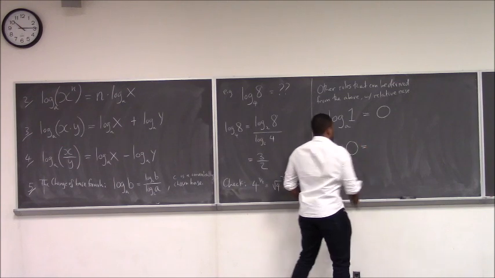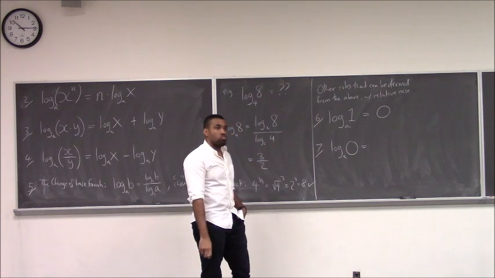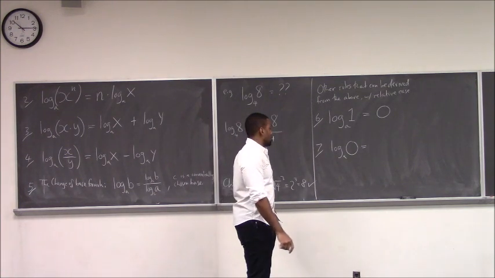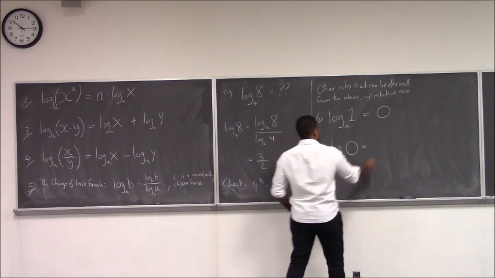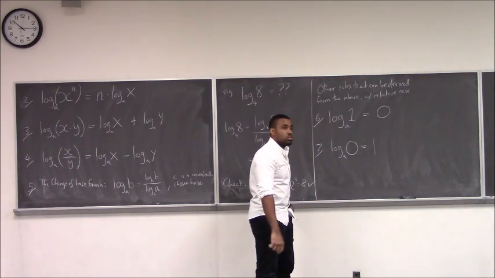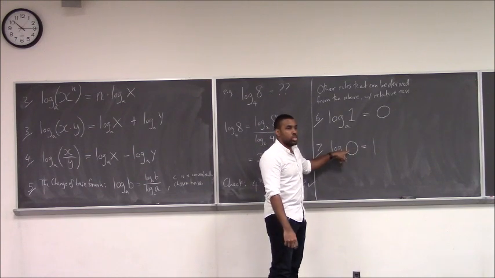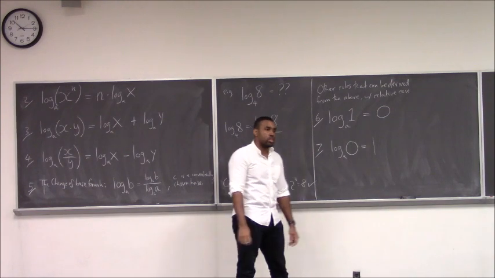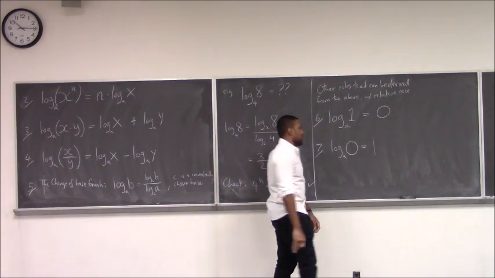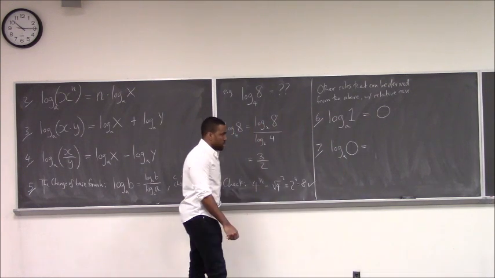What is log of 0? Well, if I put 0 here, what are you saying? You're saying a raised to the 1 gives you 0. But that's not necessarily true. A raised to the 1 would give you a. And 0 is not a valid base for a logarithm. We always want positive numbers down here.